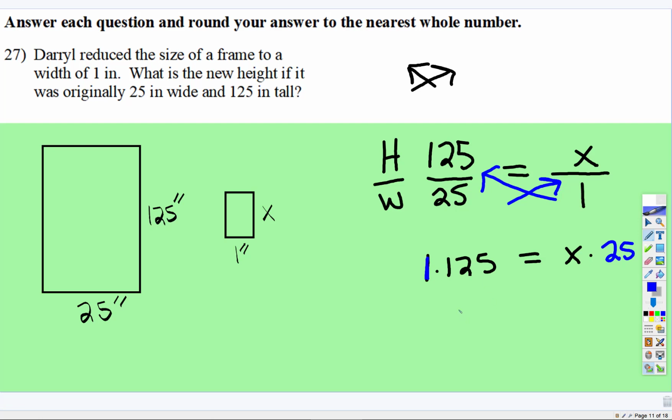Well, 1 times 125 is 125. x times 25 is just 25x. And then we're going to do an inverse operation. What's the inverse of multiplying? What's the opposite of multiplying? Yeah, dividing. You guys already knew that.